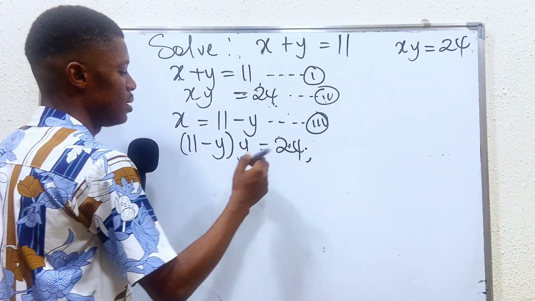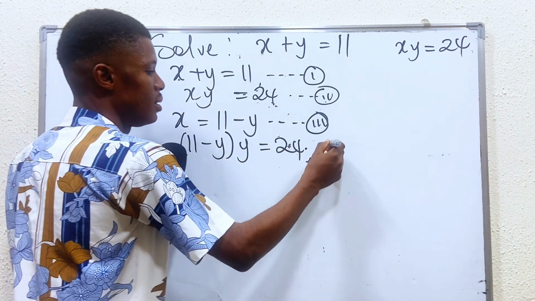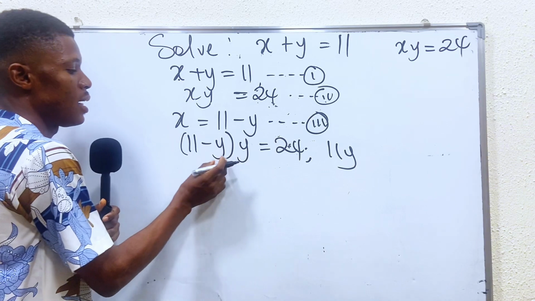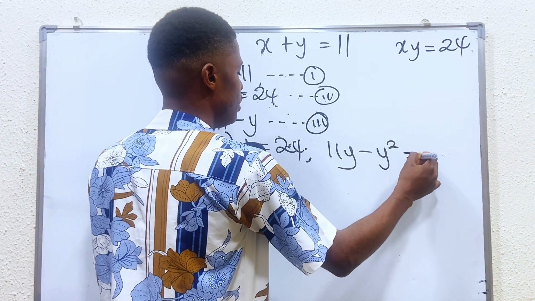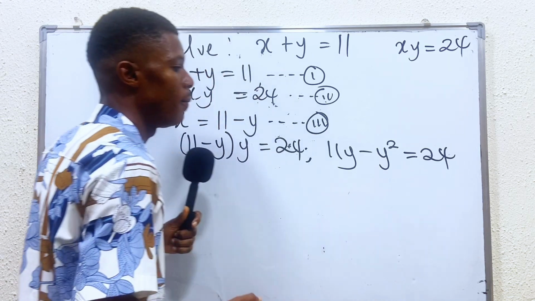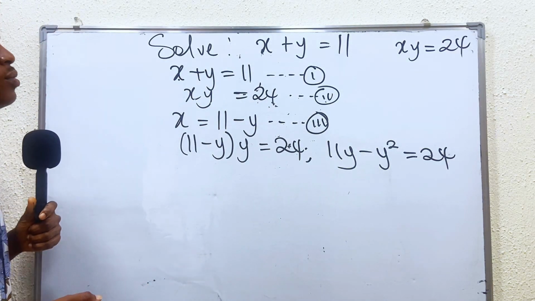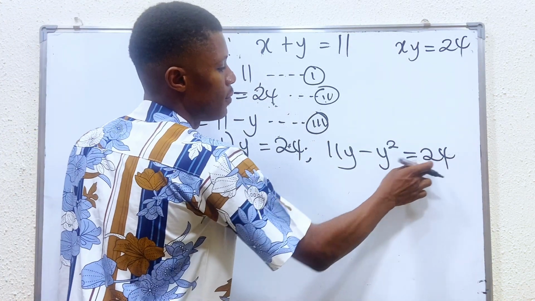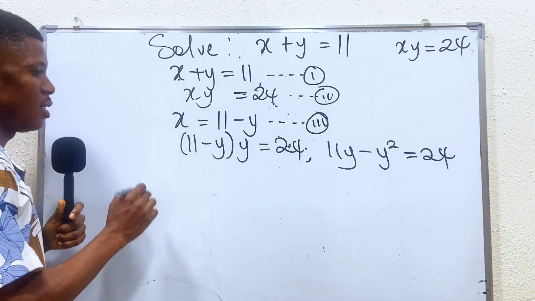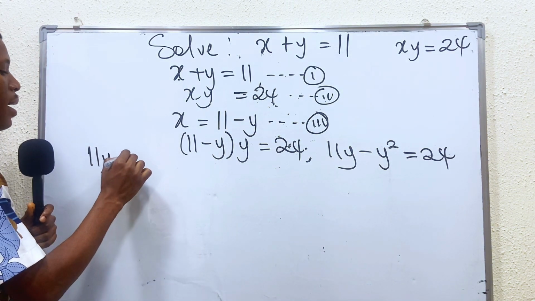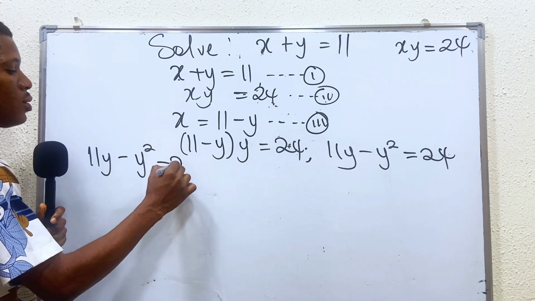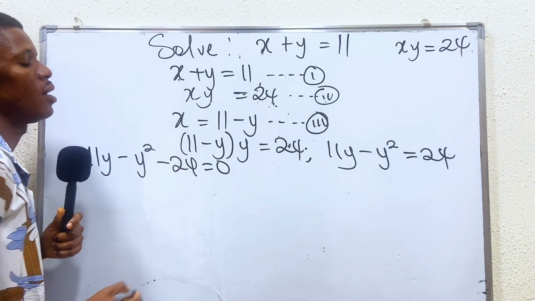So you can now see that y times 11 is 11y, y times minus y is minus y squared, and this is equal to 24. Good. So the next thing we do is subtract 24 from both sides. So we have 11y minus y squared minus 24 is 0.